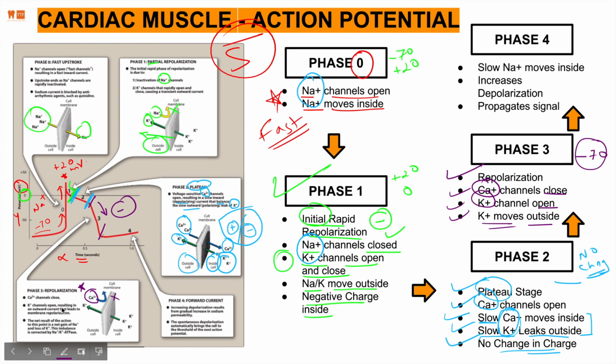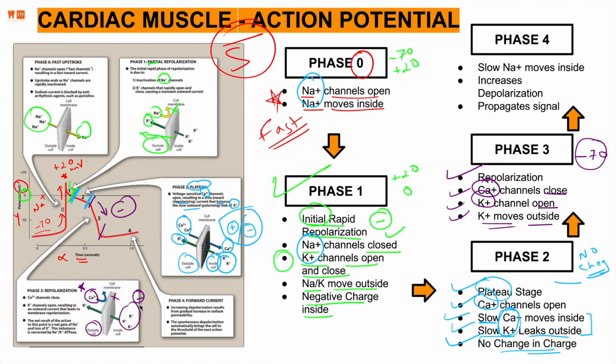Potassium channels open, resulting in outward current that leads to the membrane repolarization. So all that potassium leaves the cell and causes a negative charge to be built inside the cell. The net result of action to this point is not gain of sodium, and there's a lot of loss of potassium. This imbalance is corrected.